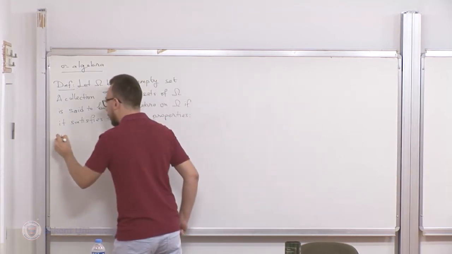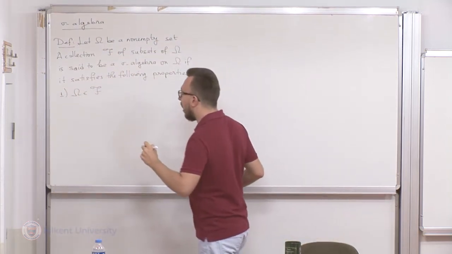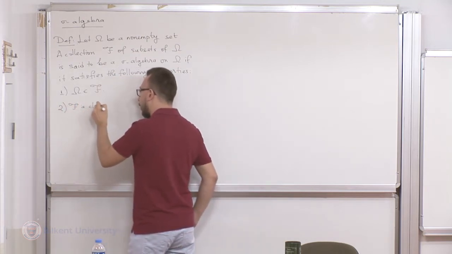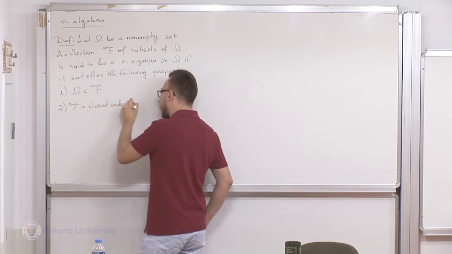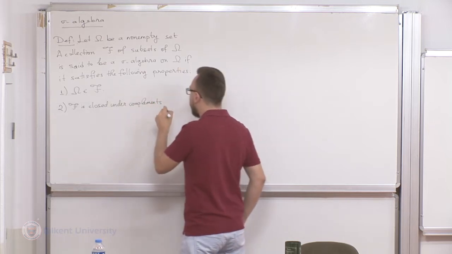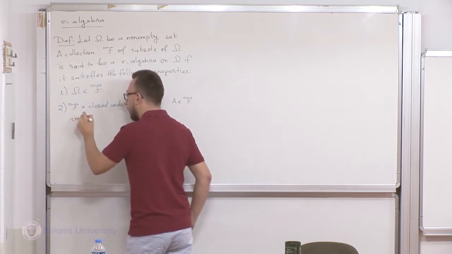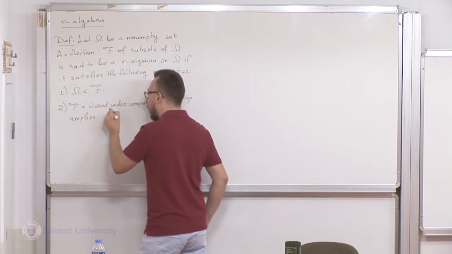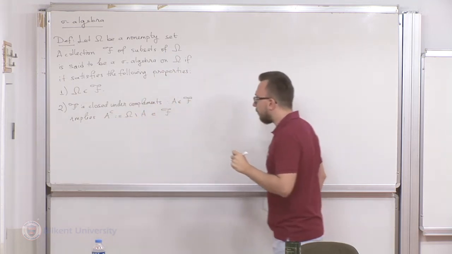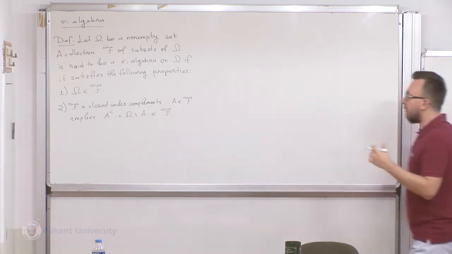Number one, as you remember, omega is in F. Number two is that F is closed under complements. This means A in F implies A complement, which is omega minus A, is in F. So there is a statement and the negative of the statement.